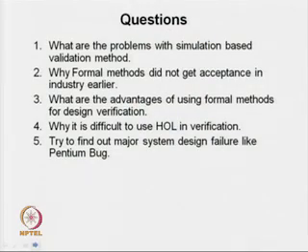Third question: what are the advantages of using formal methods for design verification? I have not mentioned it probably, but in due course we are going to talk about it, and you can also explore information on the net. One basic thing is that we use a formal mechanism to specify or model our system, and to give the property.